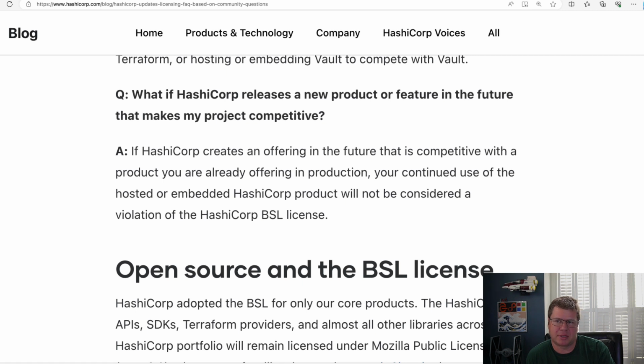I think this just comes down to being an extrapolation of the cross-competitive clause. Because if you're building product Z and Terraform has products X and Y, and your product Z is not using products X and Y, then when Terraform creates a competitive offering to your product Z, you're good. I see this as them trying to get ahead of some of the fear, uncertainty, and doubt that's being spiraled by certain folks about, oh, what about the future?